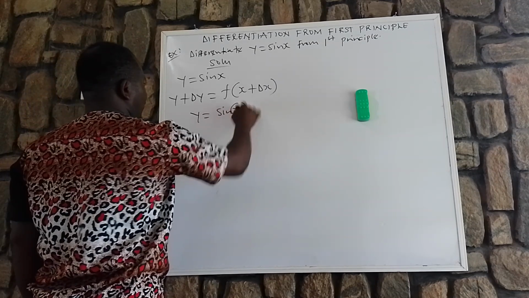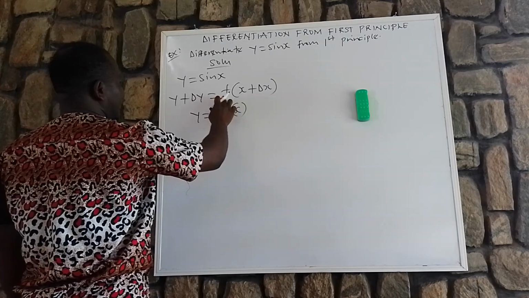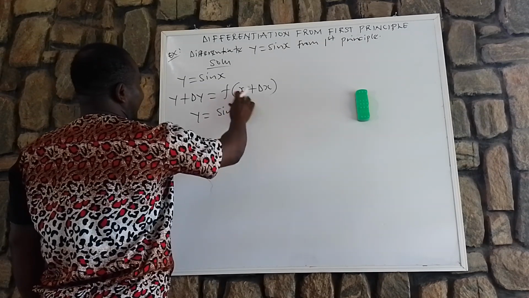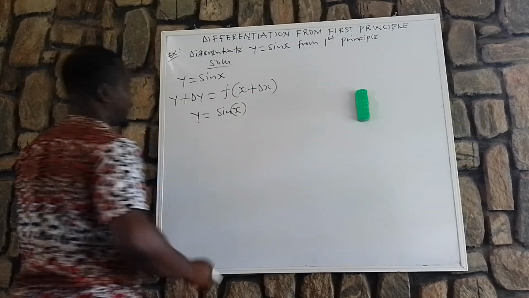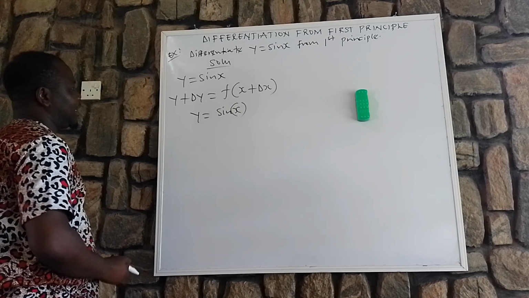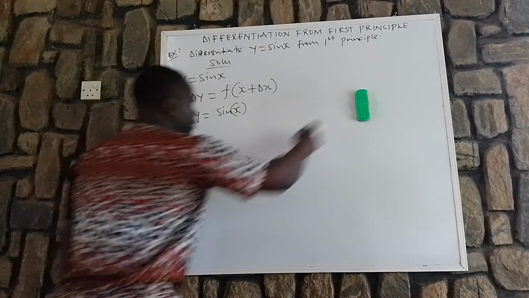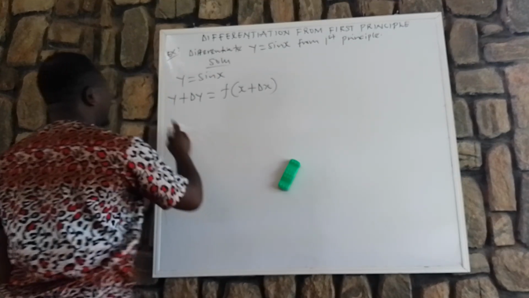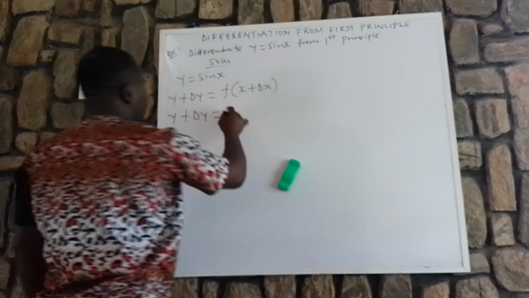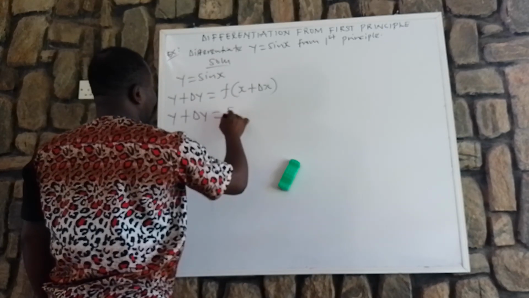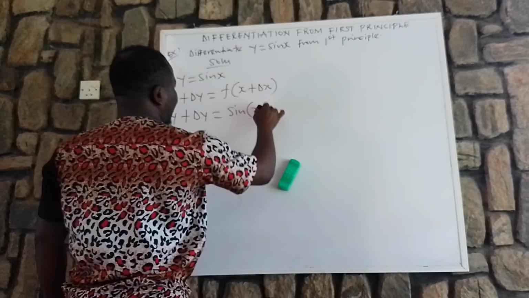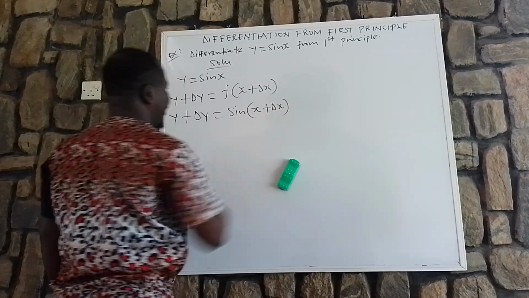If we put the bracket, our sine is this f, then our x is x plus dx. This is how you are going to apply it. So our y plus dy is equal to sine of x plus dx.